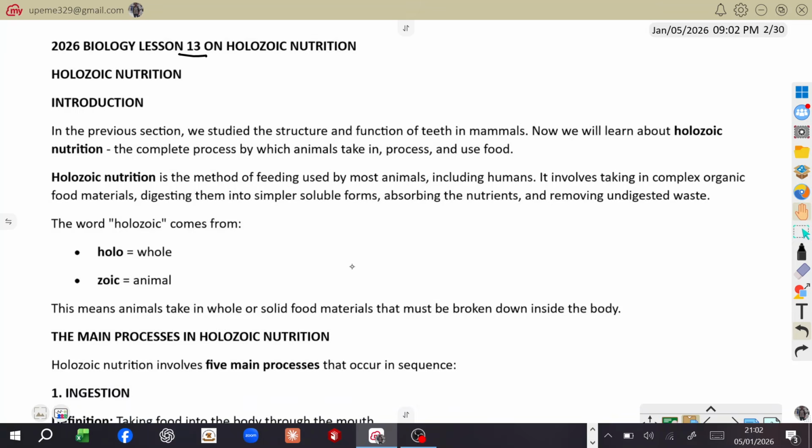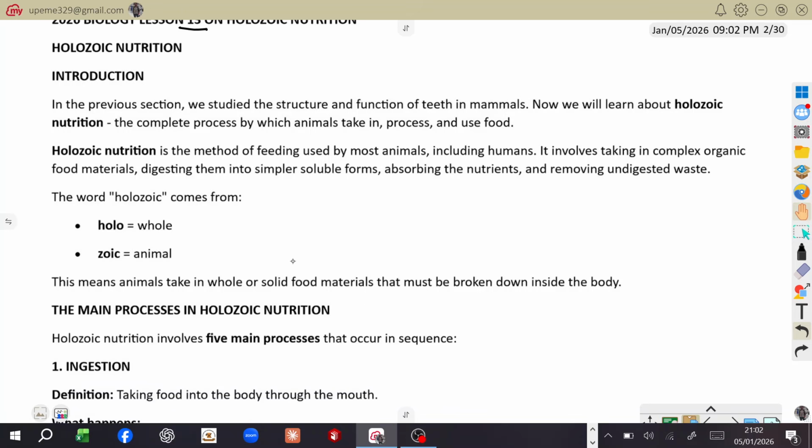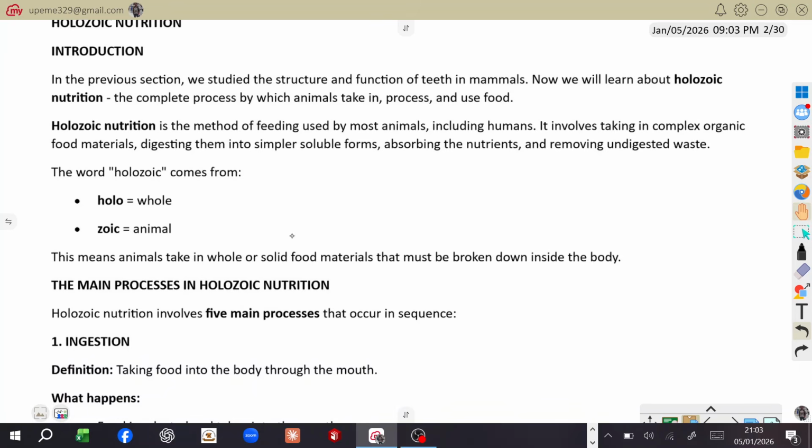So today's lesson, guys, is on Holozoic nutrition. In case you are wondering, what is this Holozoic nutrition? In the previous section, we studied the structure and function of teeth in mammals.